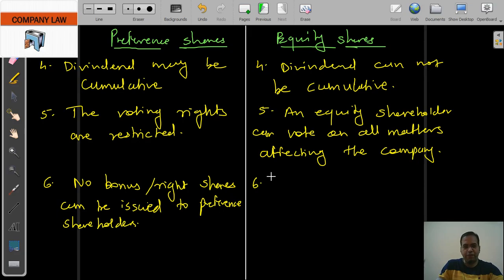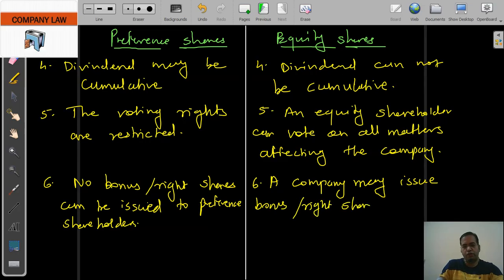Of course, they have every right to get the bonus shares and right shares. A company may issue bonus and right shares to equity shareholders. So this is again one of the biggest benefits available to the equity shareholder.